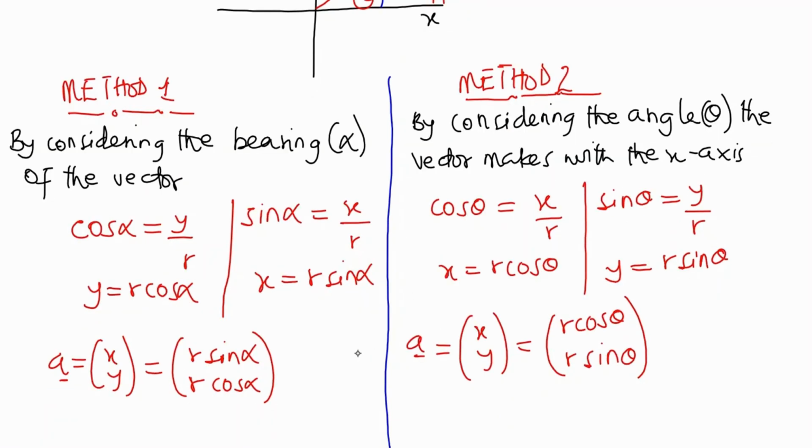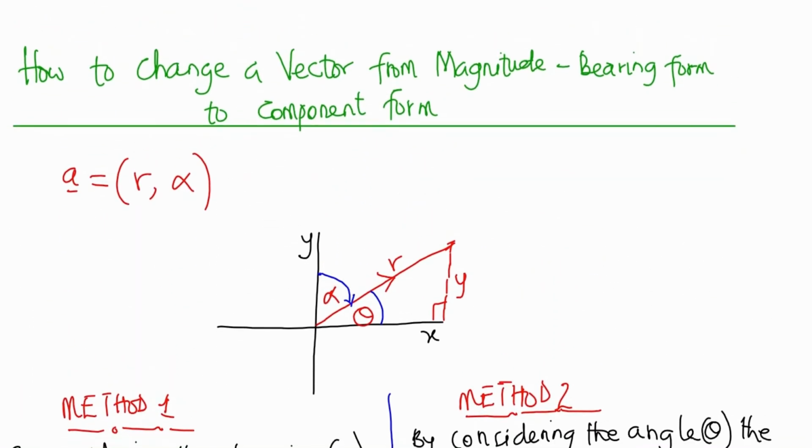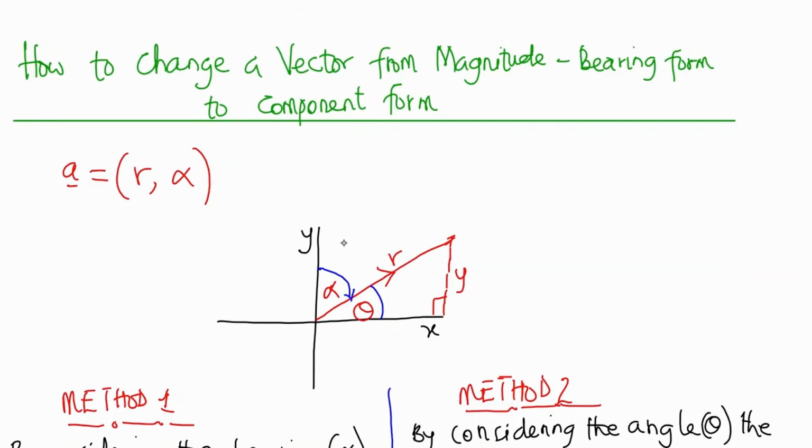Now, this is what you have to consider when using method 2. You have to consider the quadrant in which the vector lies. And with this vector, we can see that it lies in the first quadrant. So according to the trigonometric quadrant, in the first quadrant, all the trig ratios are positive. That is, the sine, cosine, and tangent are all positive.